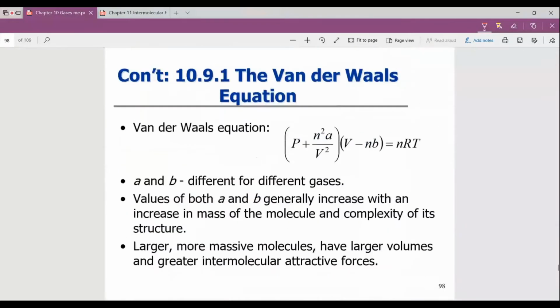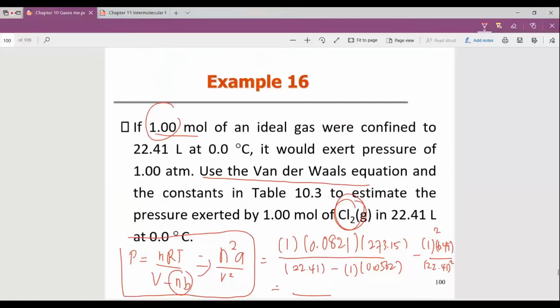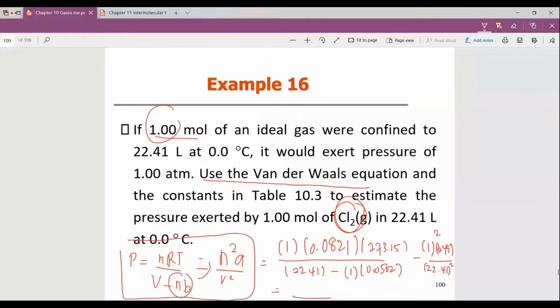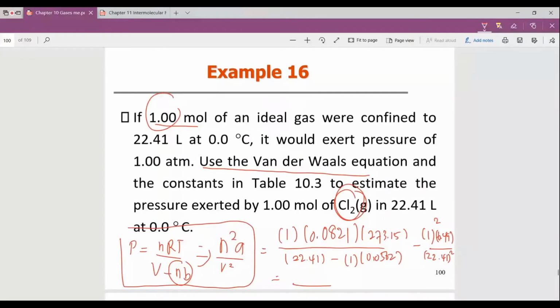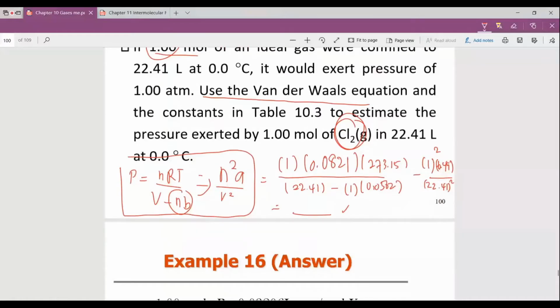Next example. Later you try to do this on your own, each example in this slide, and try to calculate and understand the equations. Right, example 17.